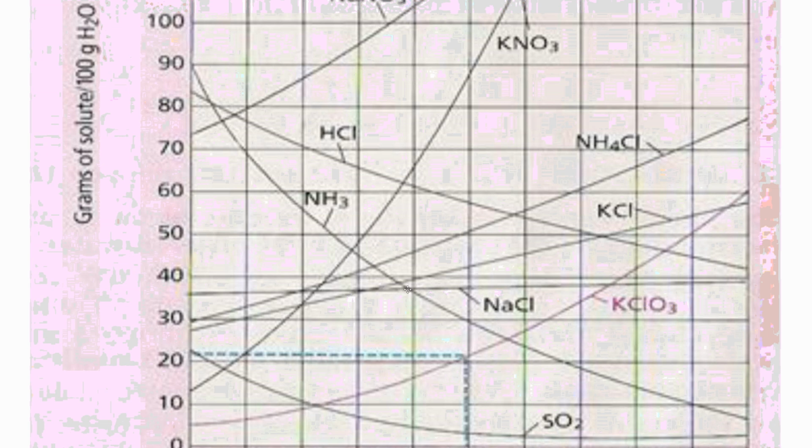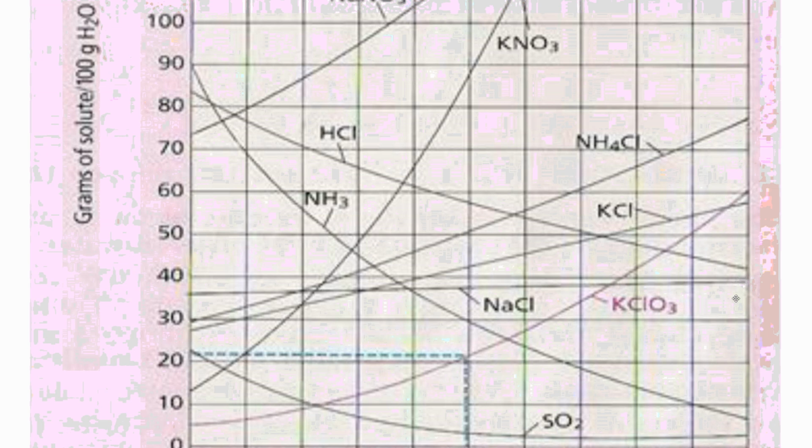However, if you look at this line here, notice it's almost horizontal. It has just the slightest bit of upward slope, and that is the sodium chloride line. So that just means at 0 degrees Celsius, about 36 grams can dissolve, and by the time you get to 100 degrees Celsius, only about 39 grams can dissolve.